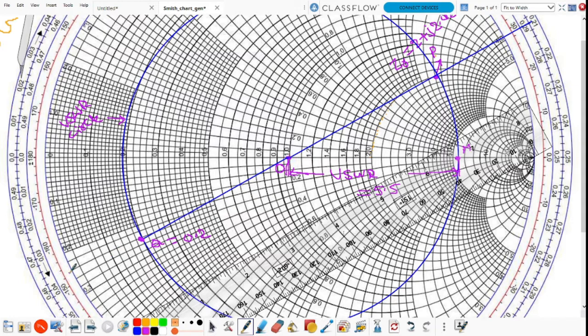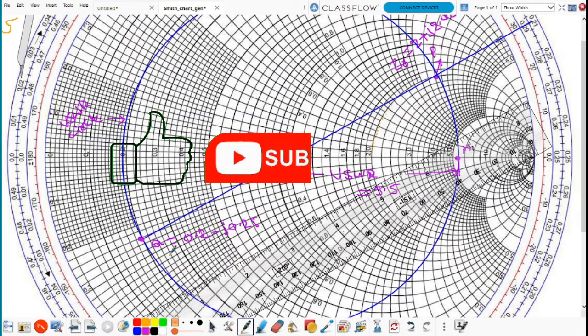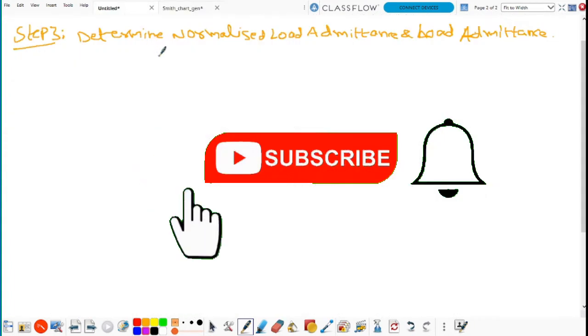The negative reactance value is minus 0.25. So Q is equal to 0.2 minus j0.25. This value at point Q is called the normalized load admittance. At point Q, the value is 0.2 minus j0.25.